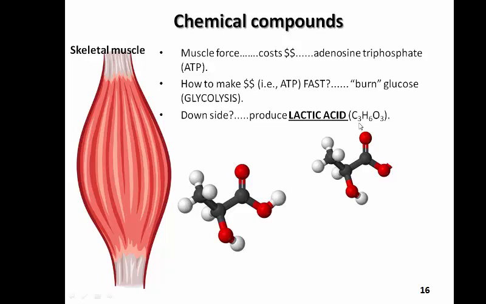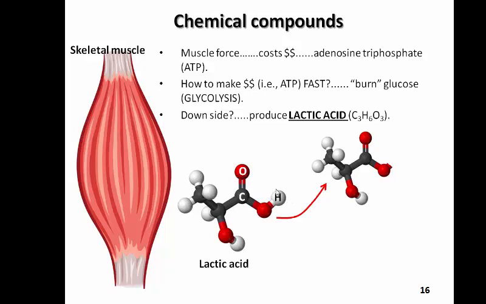Here you see the chemical formula for lactic acid, and this is an illustration of the chemical structure of lactic acid on the left-hand side. A couple of key atoms I'm going to be focusing on: we have a carbon atom bound to an oxygen atom, we have another oxygen atom, and out here is a hydrogen atom.